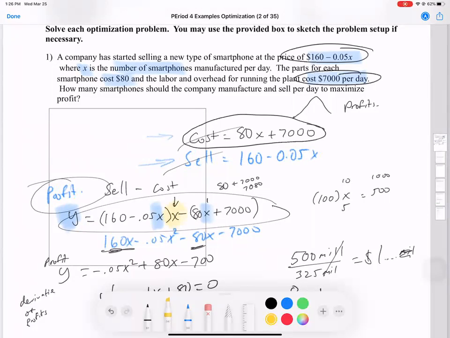Because sure, this is what I would make off each phone, but then you have to multiply by x to figure out how much you make in total from selling your phones. And we subtract from that the cost of making each phone and our factory costs. So this is our profit. And for all optimization problems, once you have the equation, you take the derivative.